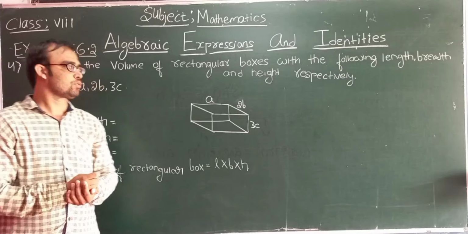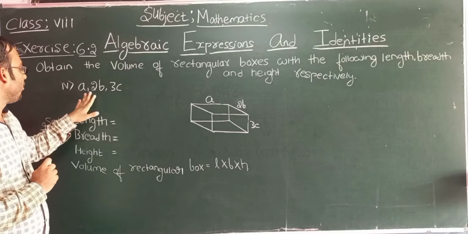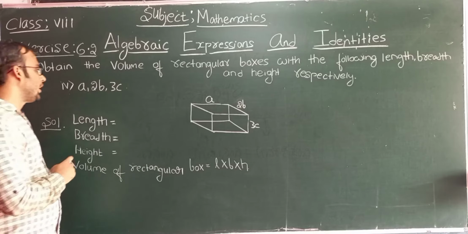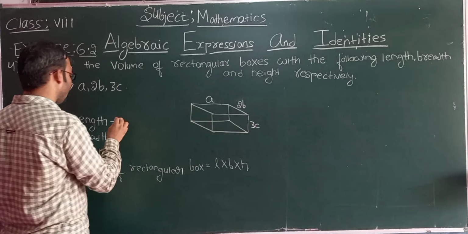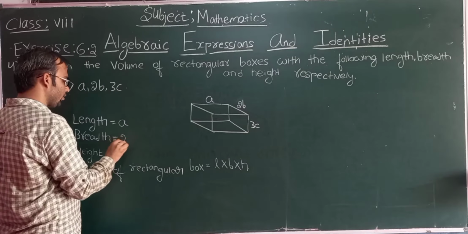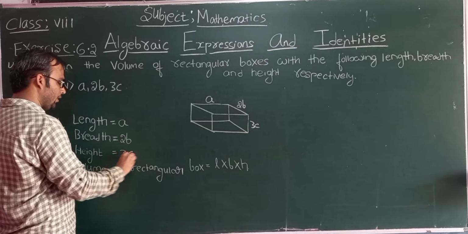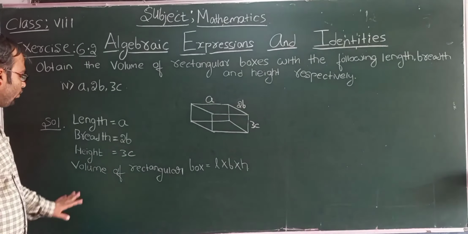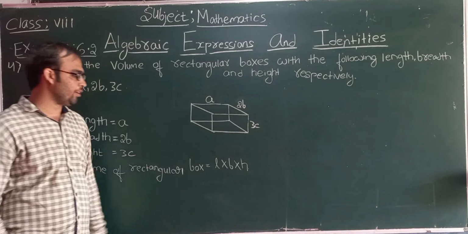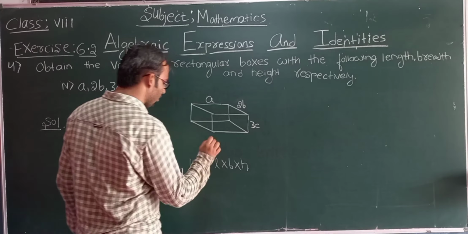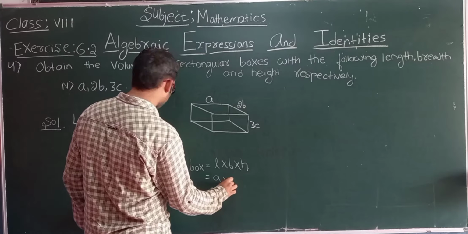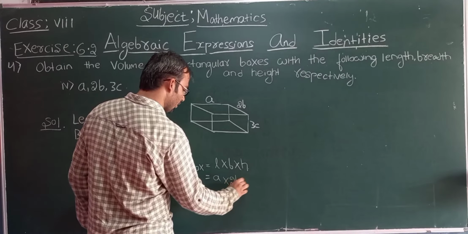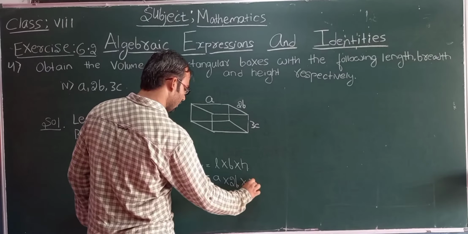Students, let us solve fourth question. Okay, so here what they have given: a, 2b, 3c. So here length is a, breadth is 2b and height is 3c. So here volume of rectangular box is L into B into H. L is a, breadth is 2b and height is 3c.